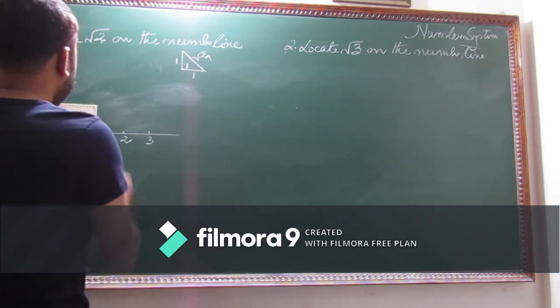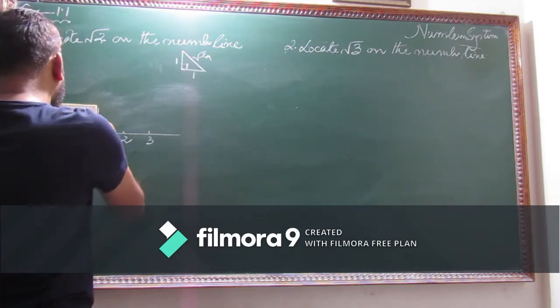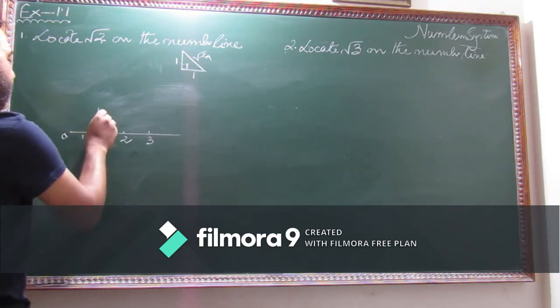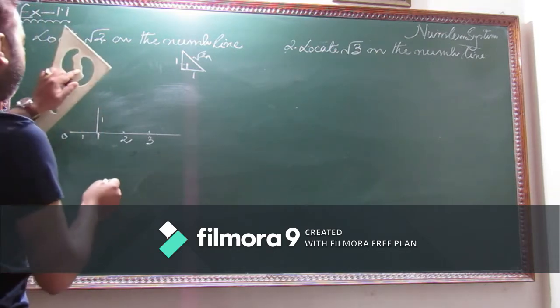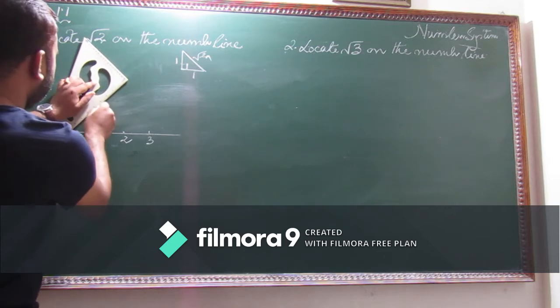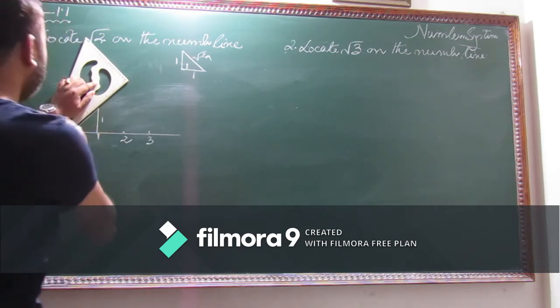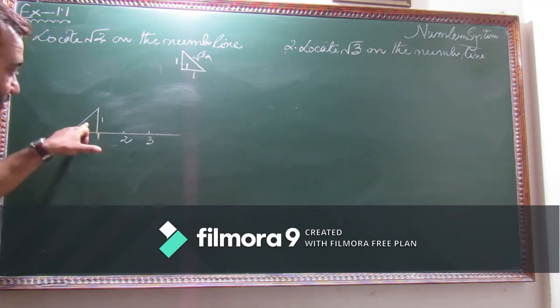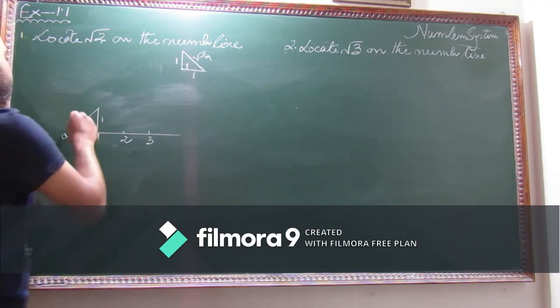So this is 1, this is 1. So what is this? This is root 2, because this is 1, this is 1. This is the hypotenuse. So this length is root 2.